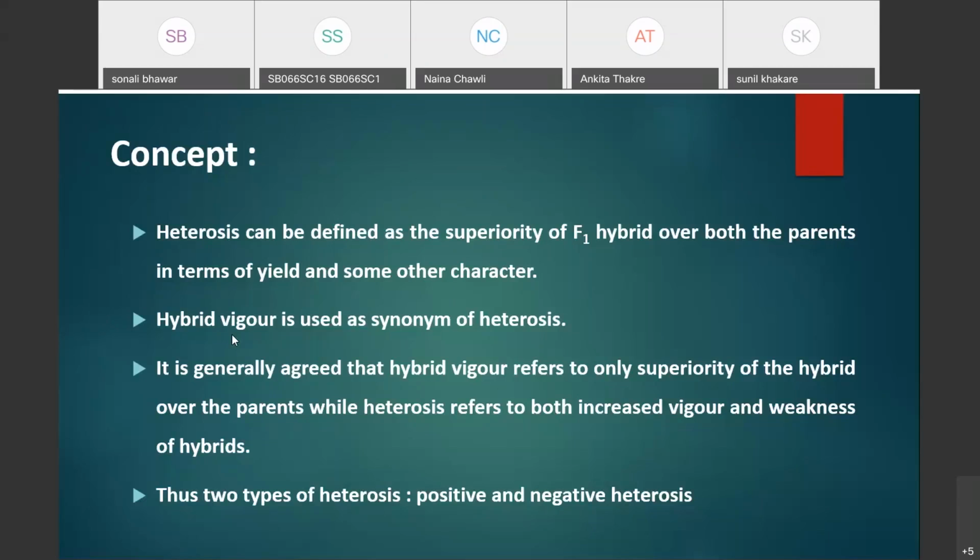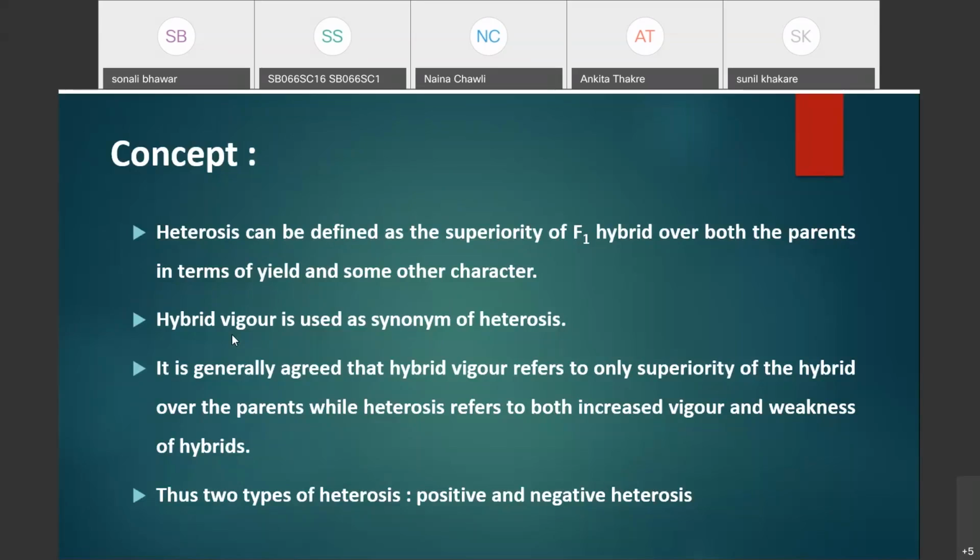That means when two homozygous plants are crossed with each other, the hybrid produced may be superior to its parents, or it may be weak compared with either parent. When the hybrid produced after crossing is more vigorous and superior to either parent, that phenomenon is referred to as hybrid vigor.